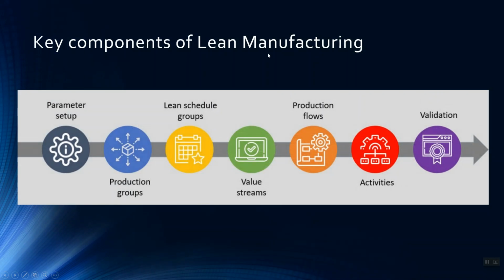So key components of lean manufacturing: you need to do some parameter setups, production groups, lean schedule groups, value stream, production flows, activities, validation. So all these particular setups will help you in processing or in creation of orders. It does not impact your output.